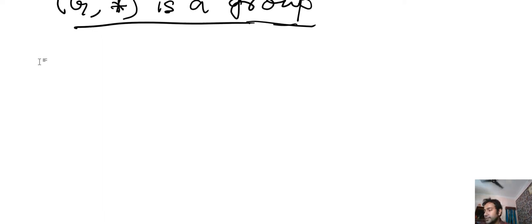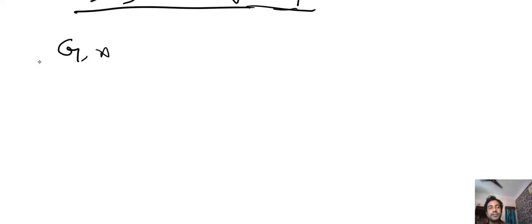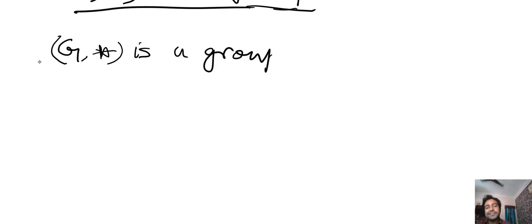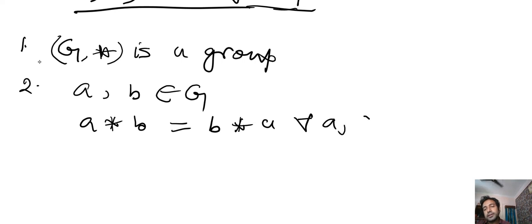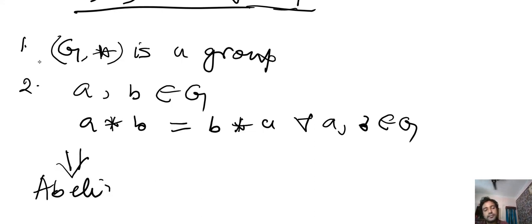Next, say G star is a group. This is property 1. Property 2 is A, B belong to G, and we have A star B is equal to B star A for all A, B belongs to G. Then this is called an abelian or commutative group.